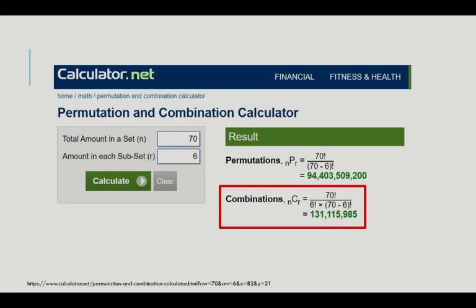So if you look on the right hand side, calculator.net, in this part of its calculator, will give me both permutations and combinations. Right now we're just looking at combinations, which is the bottom number that I have in red. And so I didn't do any of this math, and I didn't even program it in Excel. So there are ways to do this far more easily.